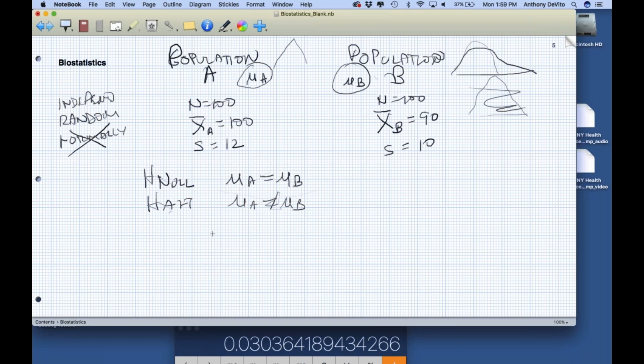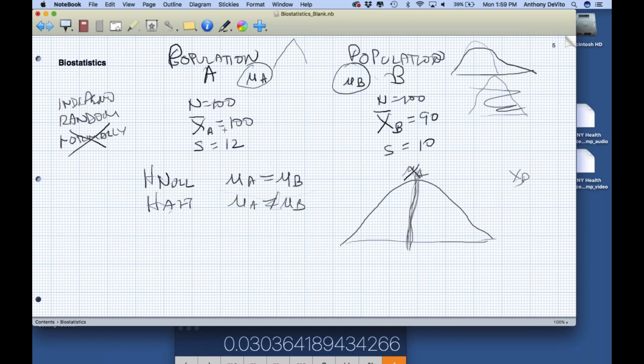Okay, so now I want to prove these two. So in order to prove these two, we know that if I start out with one of these being a mean and the other one being another different sample, well, most of the time what we're looking for is how far apart are these two things. So if I start out with mu for A, and then I want to know mu for B, where my sample for A, the mean is here, but then I take a sample for B. How far apart are they?